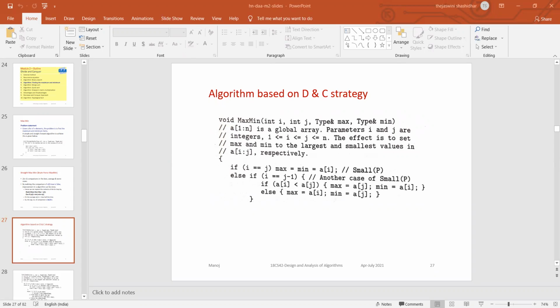So what do you say? I is before j. I double equals j minus 1 means that in the place before j, I is there. So how many elements are there now?